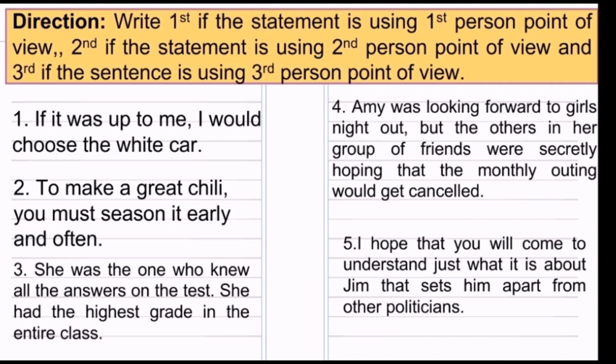Number 4, Amy was looking forward to girls' night out, but the others in her group of friends were secretly hoping that the monthly outing would get cancelled. Number 5, I hope that you will come to understand just what it is about Jim that sets him apart from other politicians. So write your answer.